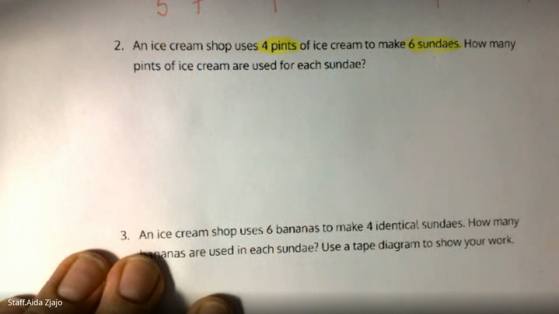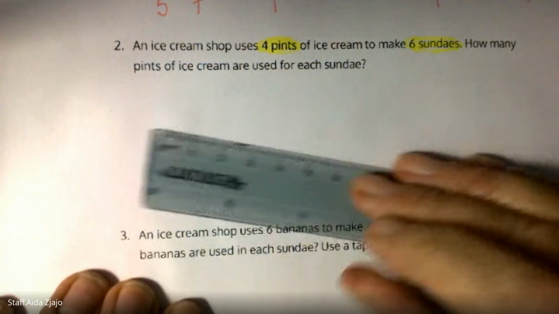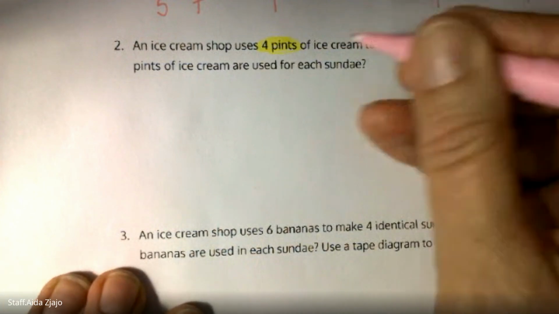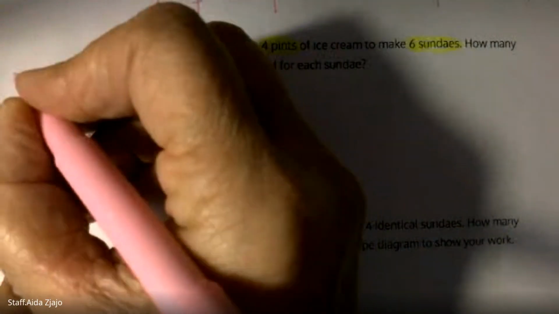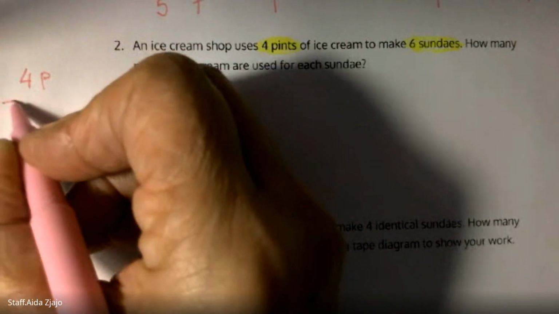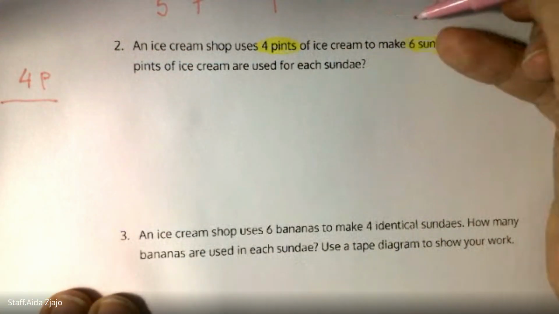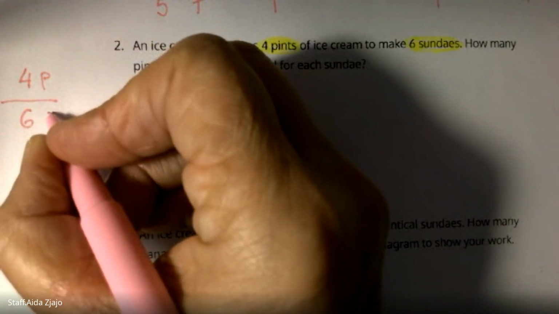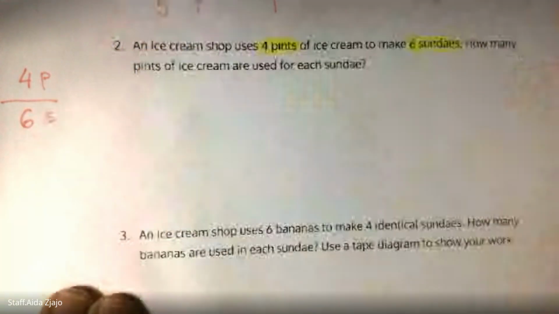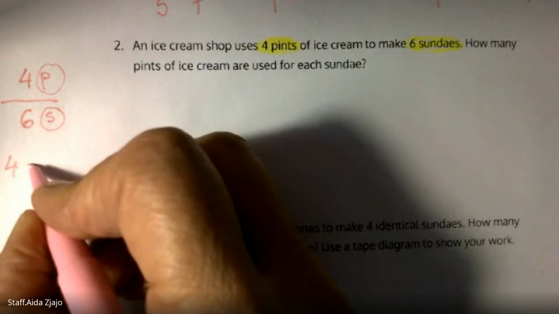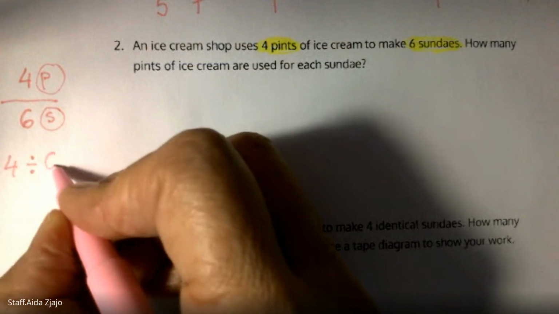So this time I'm going to use an area model. Again, I'm going to start with what I have. I have 4 pints, and I need to divide that into 6 sundaes. Okay, 4 pints divided by 6 sundaes, or 4 divided by 6.